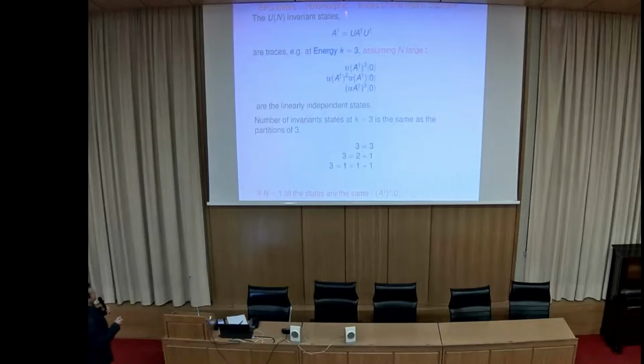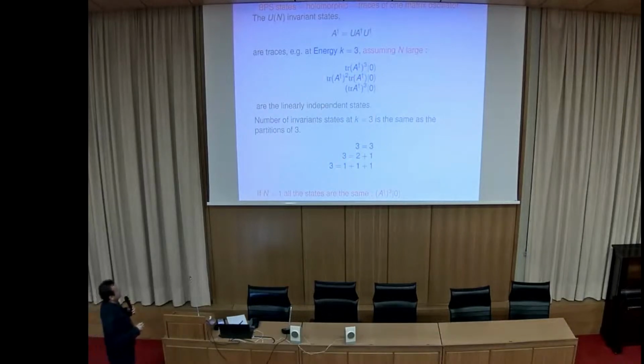So counting of such things, you just simply count multi-traces of one matrix. So if you have total energy 3, you can have a single trace, or 2 traces, or 3 traces, depending on how you distribute your 3 oscillators among these traces. So 3 equals 3 here, 3 equals 2 plus 1, and 1 plus 1 plus 1.